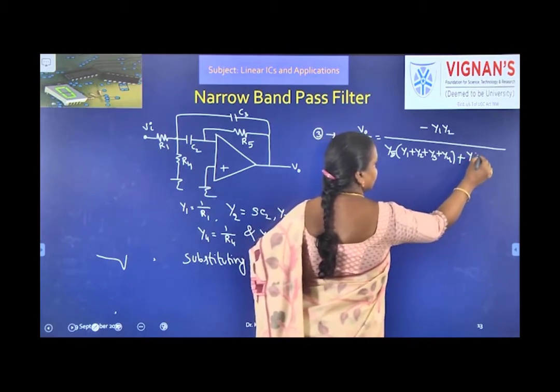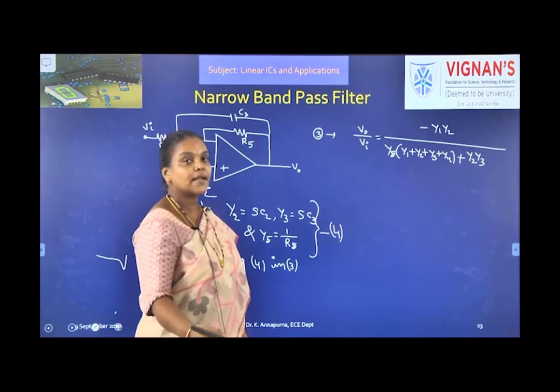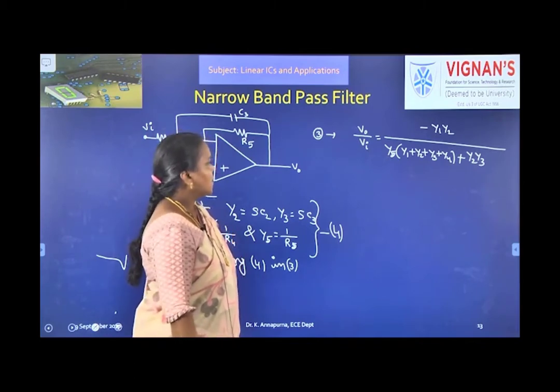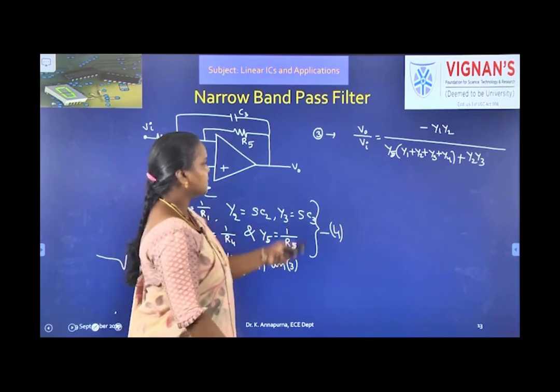Okay, this is the expression we got in expression 3, that is the gain of generalized narrow band pass filter. Now let us substitute 4 in 3.